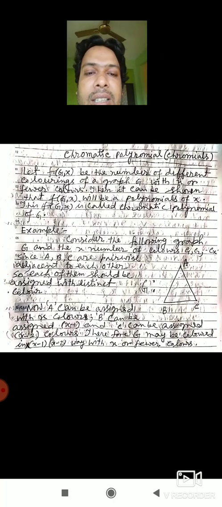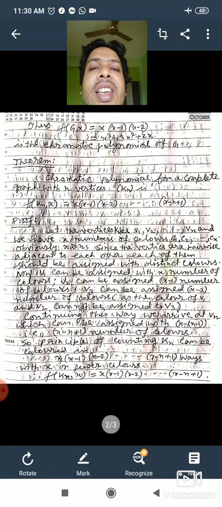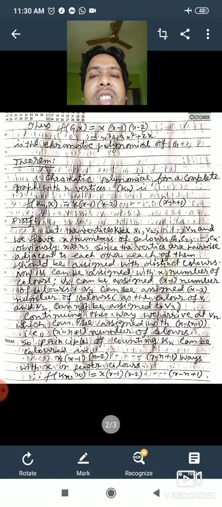Therefore, G may be colored in x into x minus 1 into x minus 2 ways with x or fewer colors. Therefore, f(G, x) equals x(x minus 1)(x minus 2). This equals x cube minus 3x square plus 2x, which is the chromatic polynomial of G.